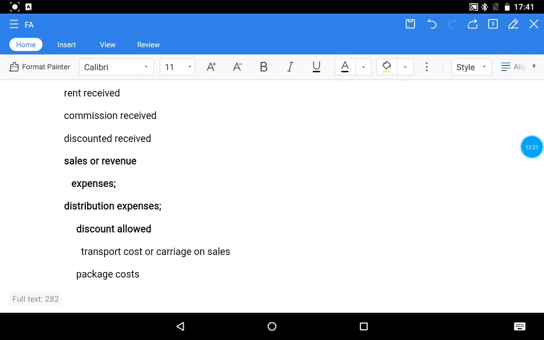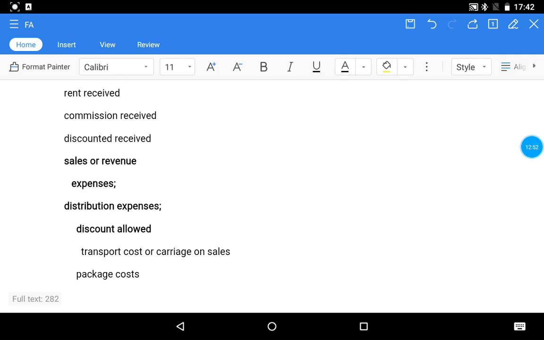You are buying polythene, bags, whatever to pack the customers' items. The money you have used to buy those polythene bags, or anything you use to pack items that customers bought, is your money, and we are going to put it under distribution expenses.